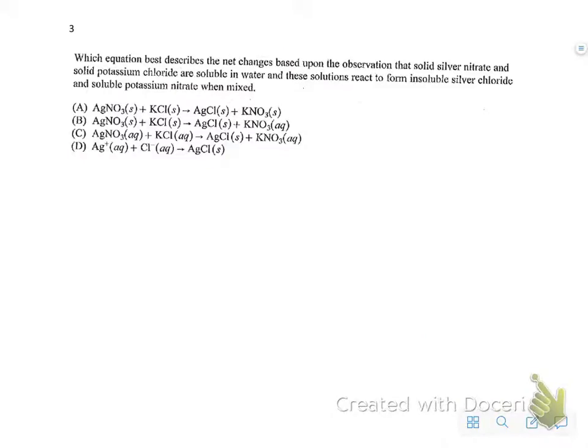Okay, which equation best describes the net changes, key words here, net changes, based upon the observation that solid silver nitrate and solid potassium chloride are soluble in water. So they're going to make an aqueous solution.